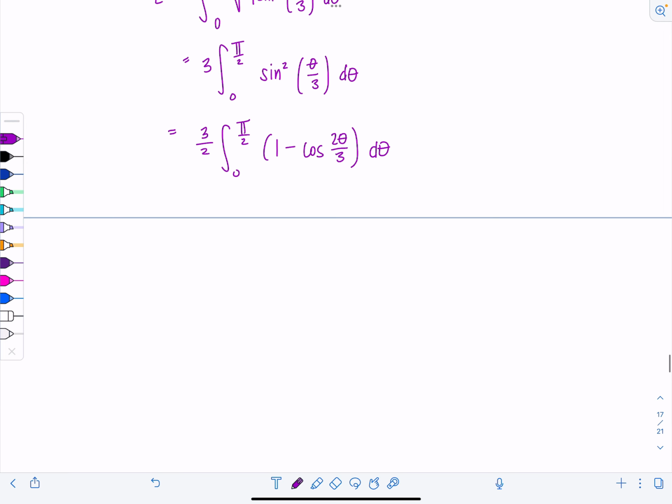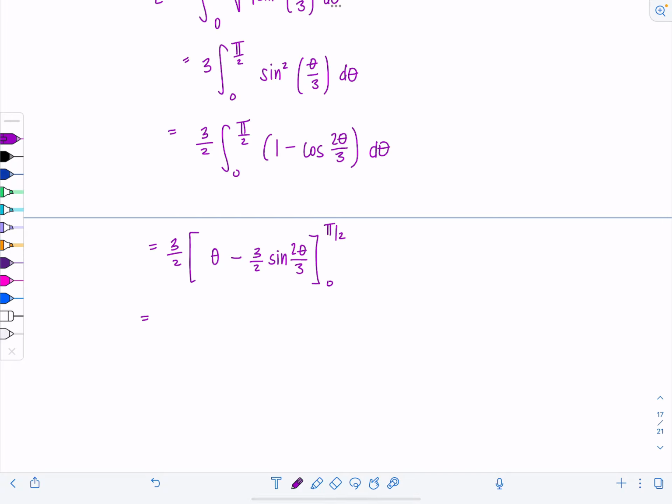So the antiderivative of 1 is theta. The antiderivative of negative cosine, think of it as 2/3 theta, it'll be minus 3/2 sine 2 theta over 3 from 0 to pi over 2.